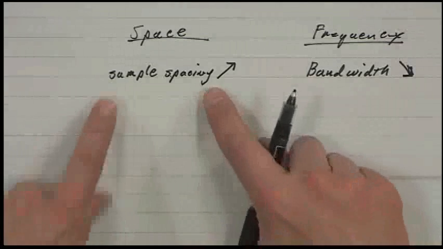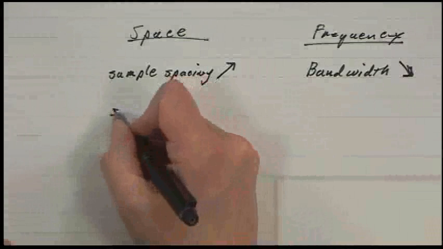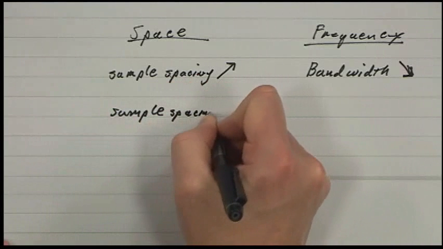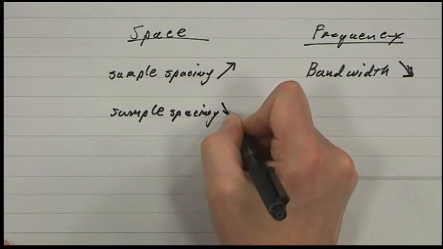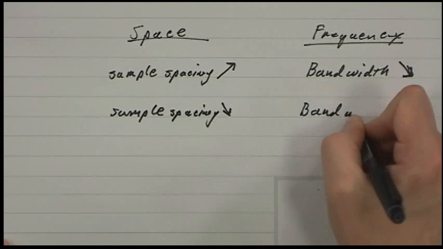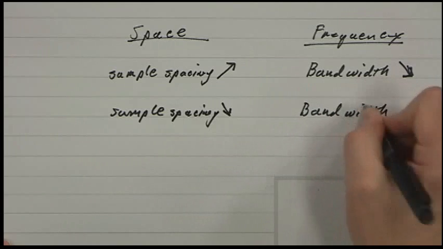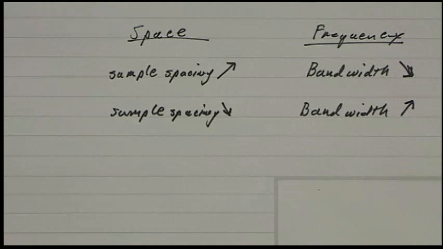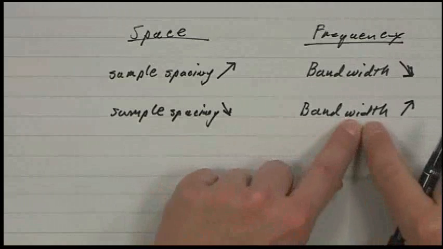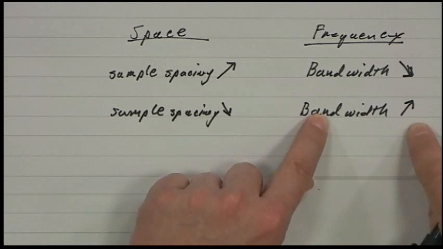When the sample spacing goes down, then the bandwidth goes up, right? So if the samples get closer together in space, then the bandwidth goes up, okay?